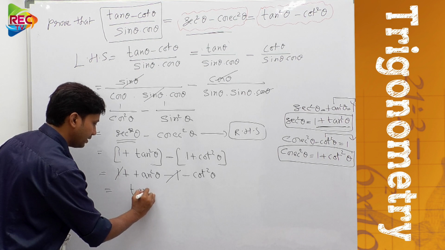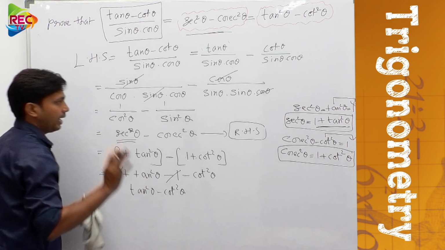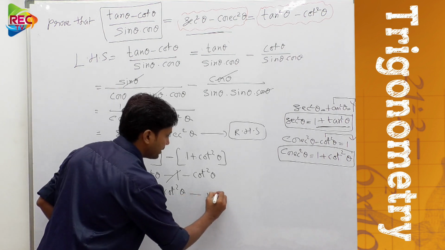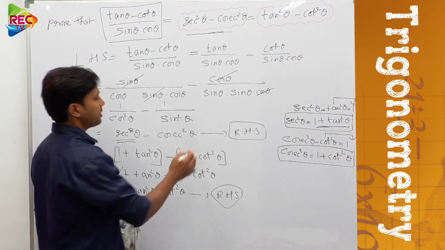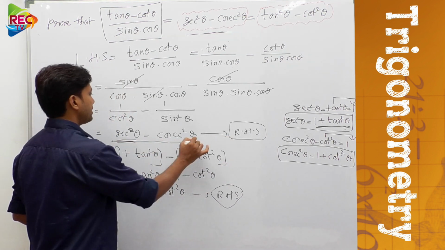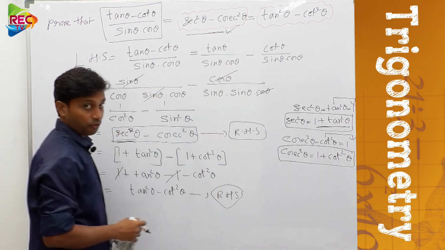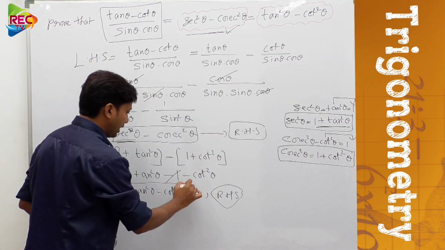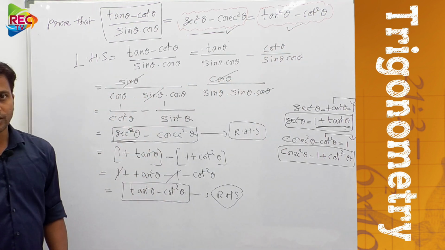Tan square theta minus cot square theta. I think we got the second RHS part also, means we got two answers, means the first answer was secant square theta minus cosecant square theta, which we obtained before, and now we obtained our second result also, which we need. So is it proved or not?